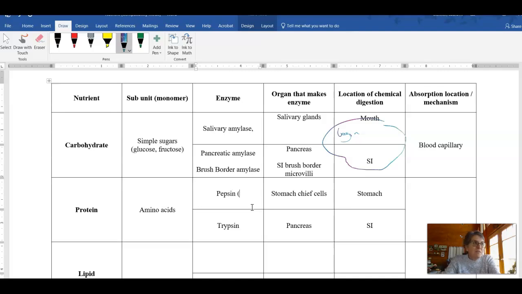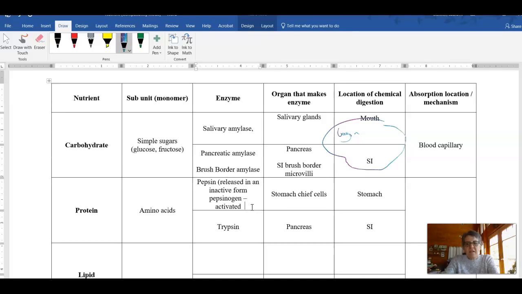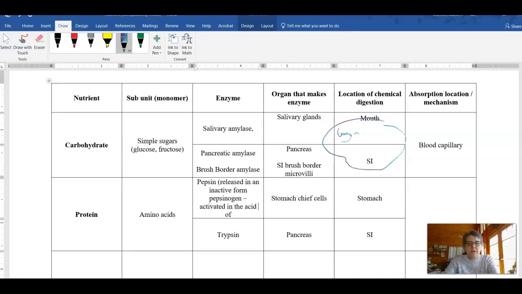I would conceivably digest a cell, so I have to be released in an inactive form: pepsinogen, which is activated in the acid of the stomach. And the same for trypsin, which is released in inactive form, trypsinogen. So I do not digest the cells that make me.